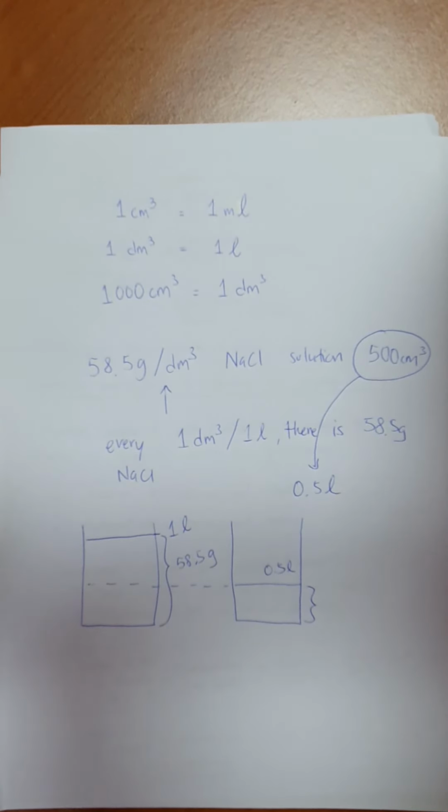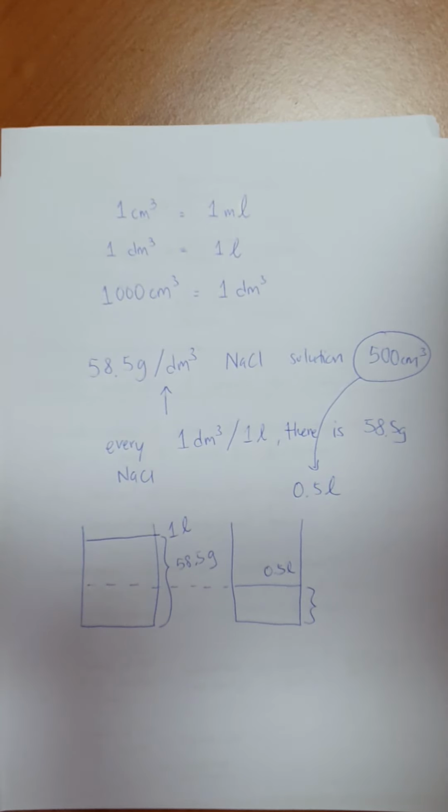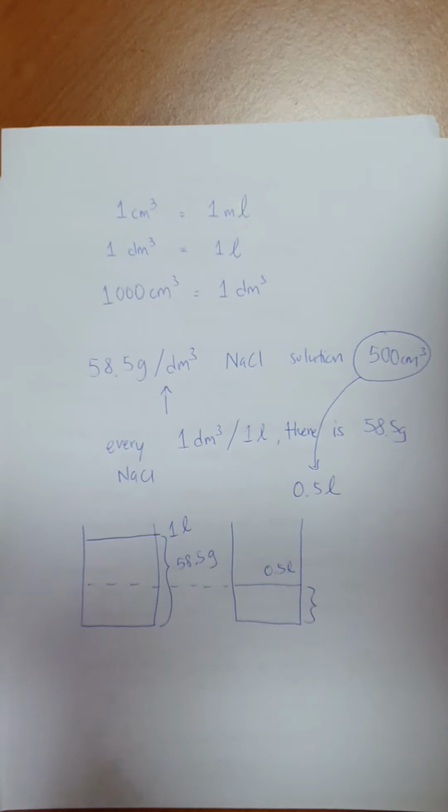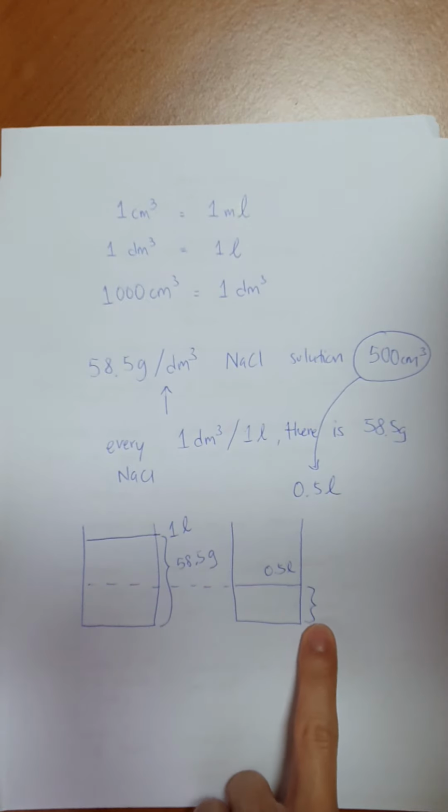So if 1 liter of salt solution contains 58.5 grams of salt, how much will 0.5 liters contain? Now this one is very simple. All you have to do is multiply by half, which is 0.5. Obviously we'll be expecting less salt here, right?